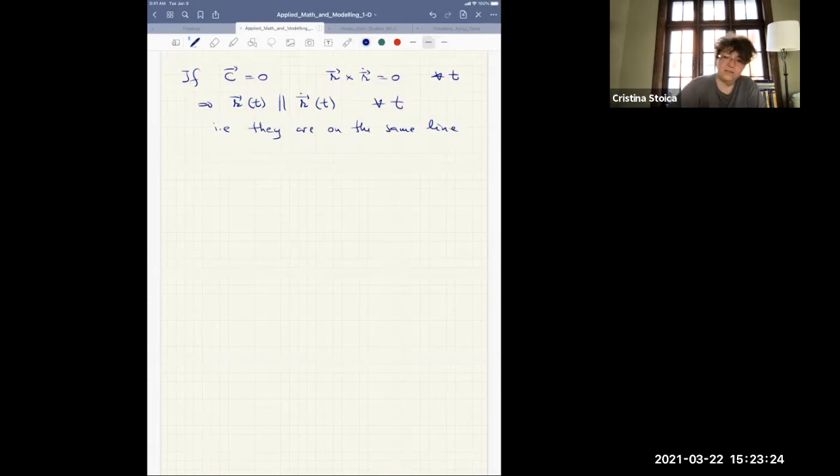Because the velocity vector is attached to the point, to the position, they will be on the same line. That's it. So that was point B.